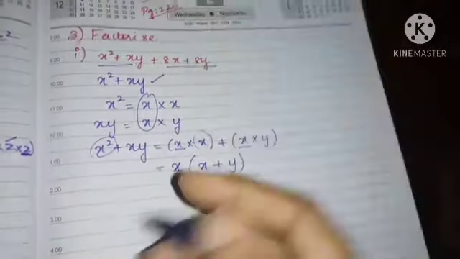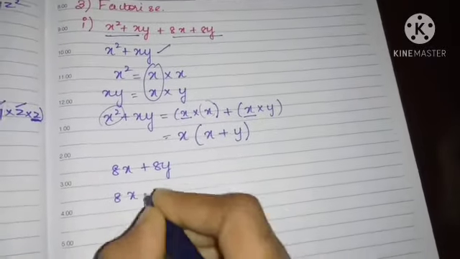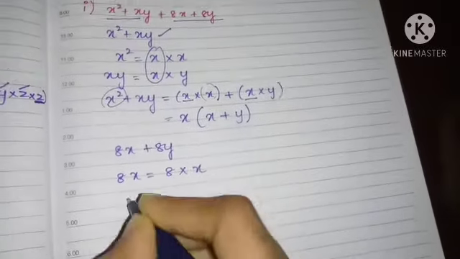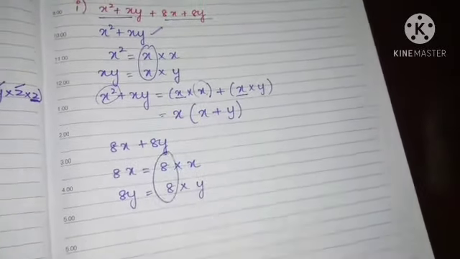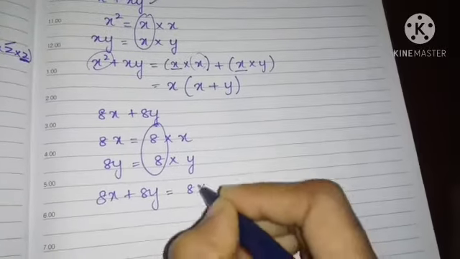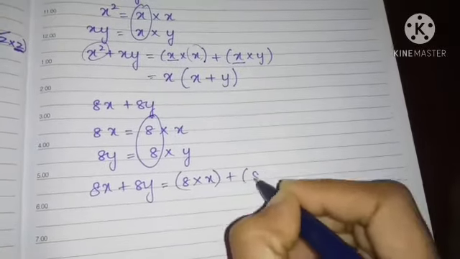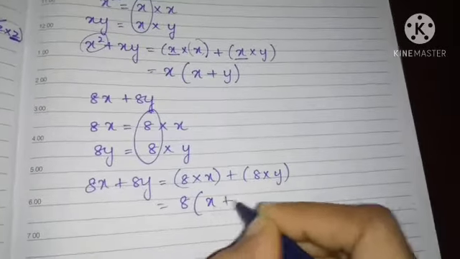Next, these two: 8x plus 8y. 8x means 8 into x, 8y means 8 into y. 8 is common. So 8x plus 8y is equal to 8 into x plus 8 into y, and taking 8 common gives 8 into (x plus y).